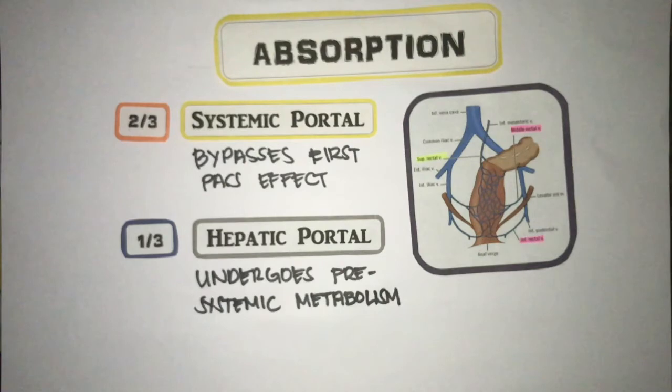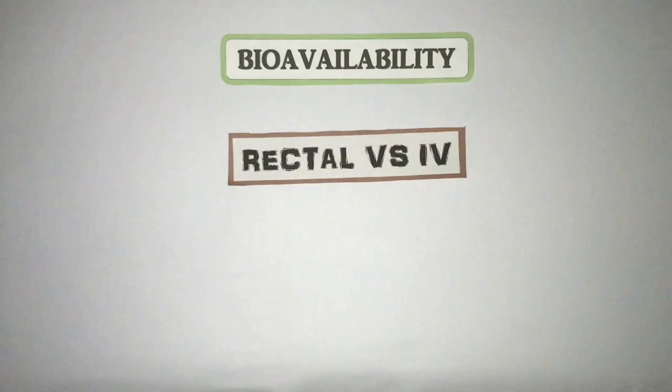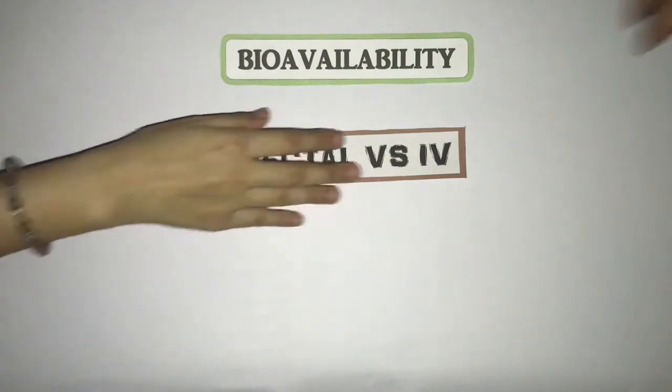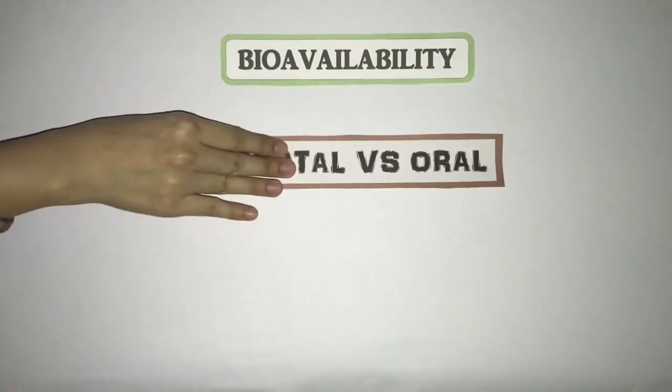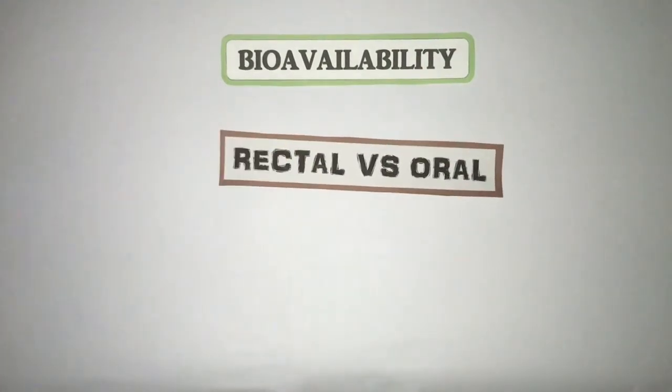This means that drug will reach the system with significantly less alteration and greater concentrations. Although it is not 100% bioavailable compared to IV medications, rectal drugs have greater drug concentration in the systemic circulation than oral route.